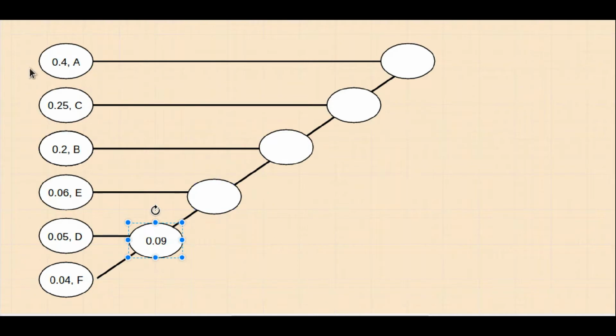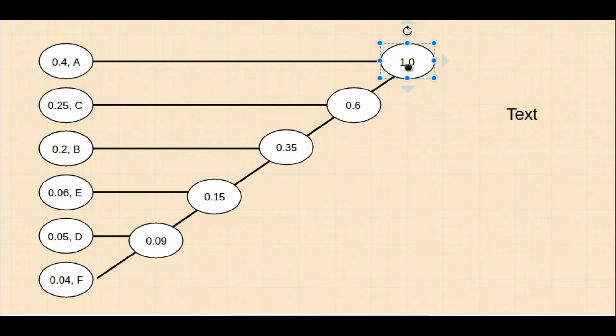And then with these 4 nodes here and this brand new node, you pick the 2 lowest values. So in this case it's E with 0.06 and this new node 0.09, and you sum their values. And you just keep doing this, and over here it would be 0.35, and over here would be 0.6, and over here finally would be 1.